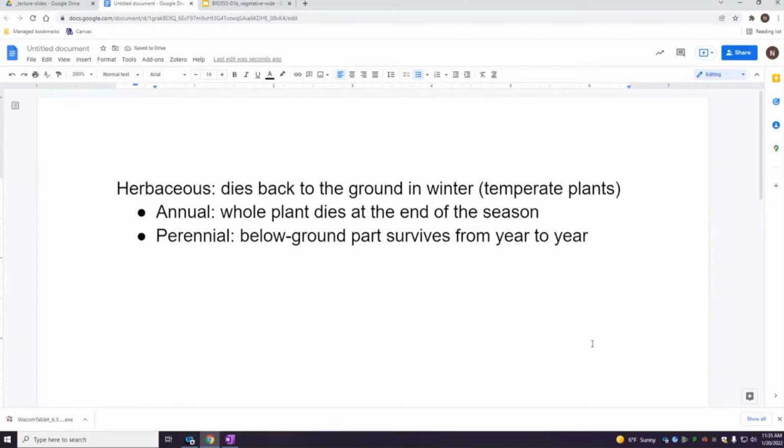Whereas a herbaceous perennial, that one survives year to year. The above ground part dies, the below ground part survives.